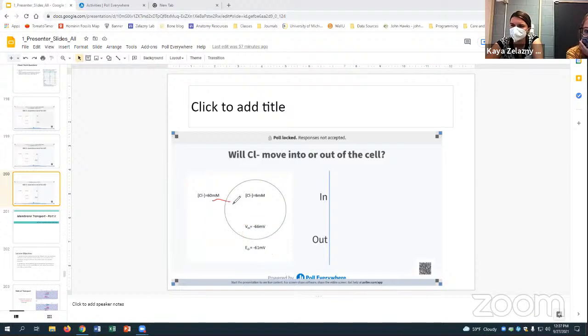This was our CDF, but what determines our EDF, our electrical driving force, is how this negative 66 is affecting the charges on the chloride ions. Remember that this is either repelling or attracting. So it's repelling, right?